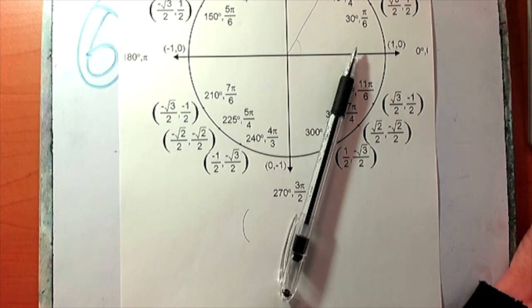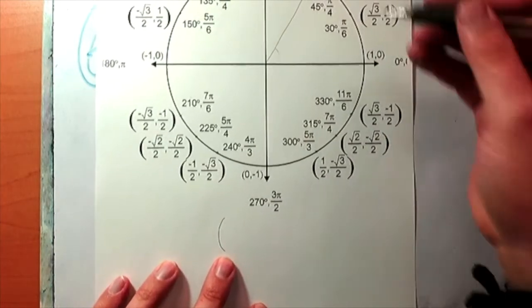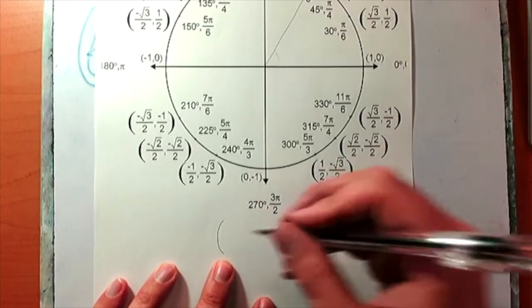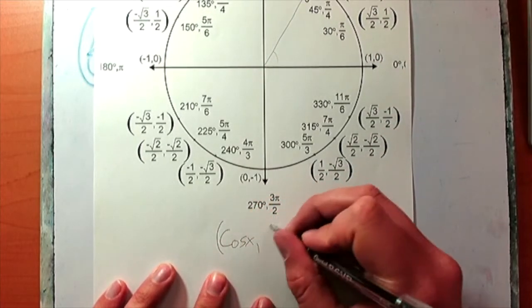How can we tell whether the cosine or sine of an angle is positive? All right, so cos is positive here and here, so it starts with cos x. I should have remembered that.